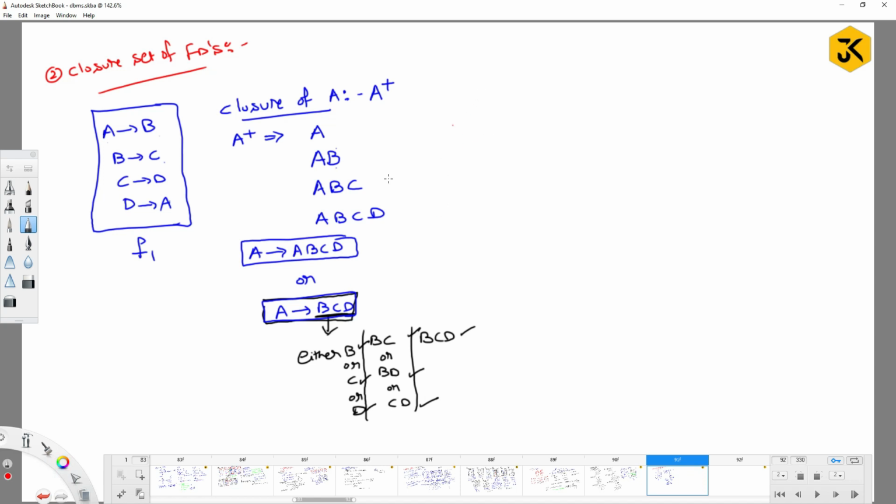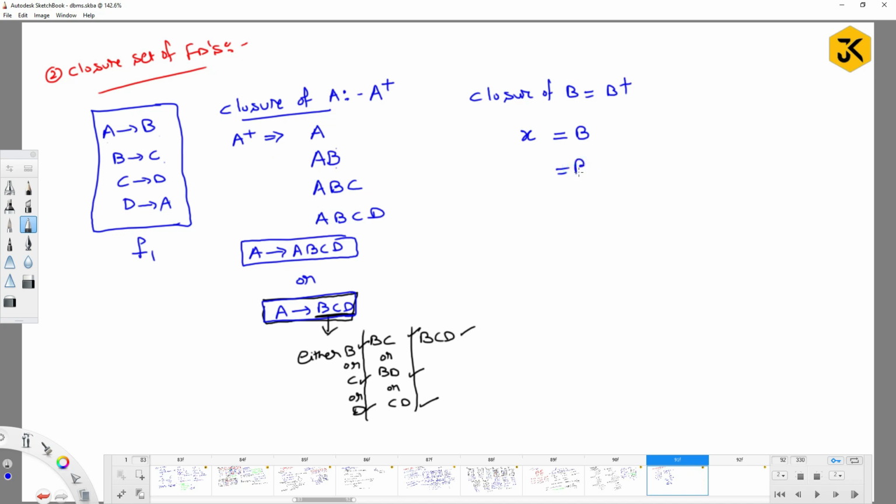So if I would like to find out the closure of B, can you tell the closure of B? Closure of B I can write as B plus. Basically, B itself is possible in the closure of B, so they assign a variable called X, and they do the same thing again and again. If I know B, can I find out C?